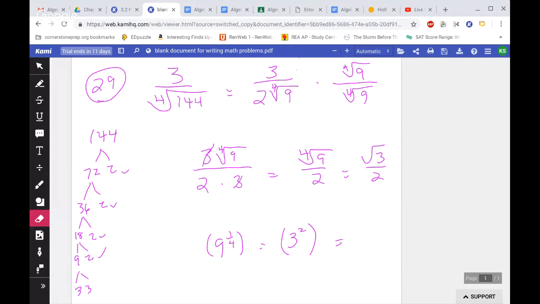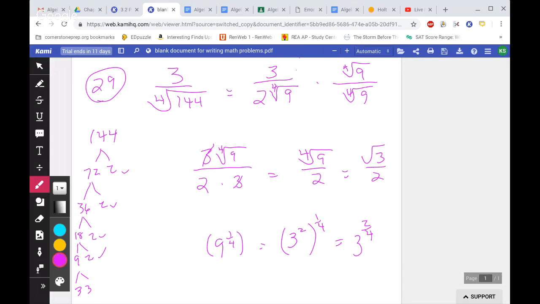That's it. Three squared. There it is. 3 squared to the 1/4 is the same as... so 9 to the 1/4 is the same as 3 squared to the 1/4, which technically is the same thing as 3 to the 2/4, correct?